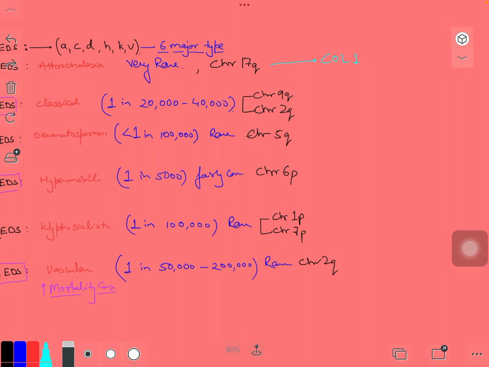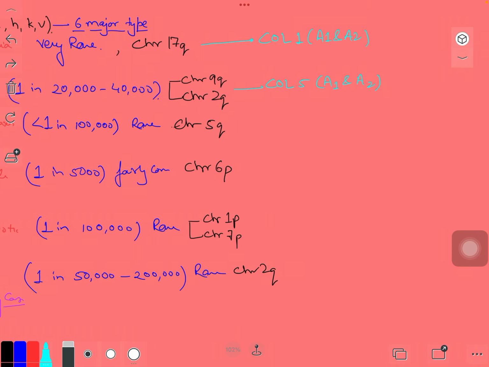Right now, just remember it is COL1 A1 and A2 type. Again, for this one, this is collagen COL type 5, A1 and A2 type. These numbers depict which type of collagen it is. Again, it's a huge list of collagen.